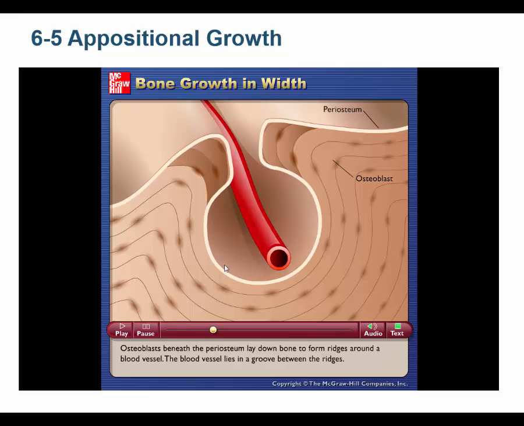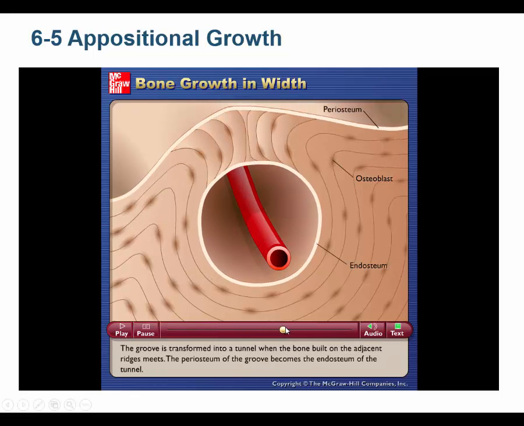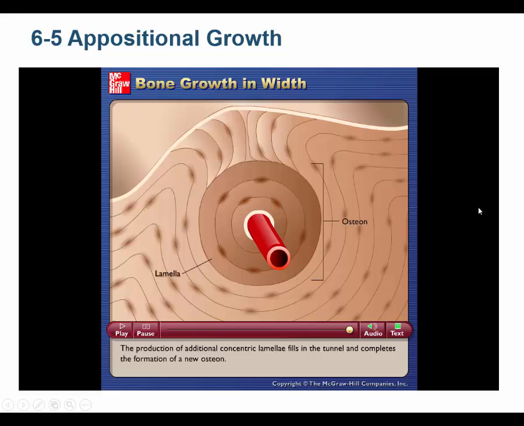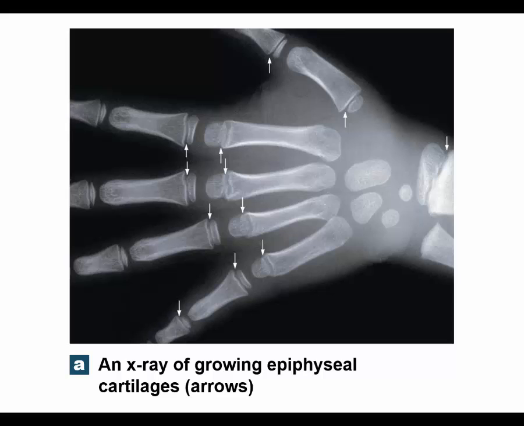They have osteoprogenitor cells and osteoclasts underneath those layers, because remember, the periosteum and endosteum are dense irregular connective tissues. So does it surprise you they have similar functions? The periosteum can become the endosteum when you do appositional growth. So that probably doesn't surprise you. All right. That's appositional growth, or growing wider versus taller.